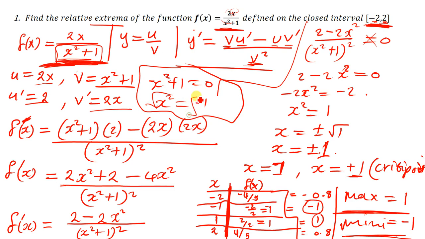The square root of a negative number is an imaginary number. So we can say there is no critical point which exists on the denominator. Apart from that, you can also check the points at which the derivative does not exist. How do you check that? It's by equating the denominator of the derivative to 0. That will also help you to find other critical points. But otherwise, this is how you solve this kind of question.